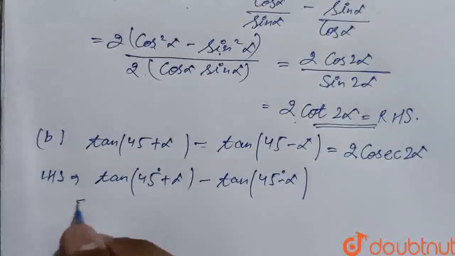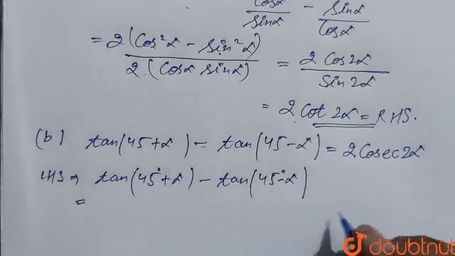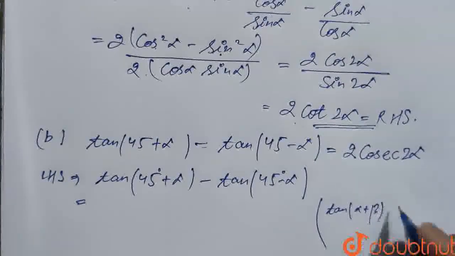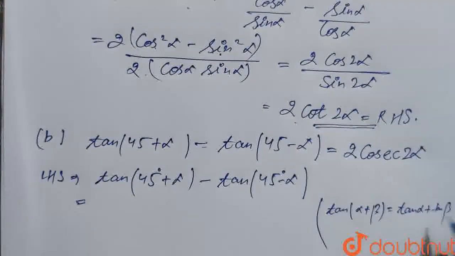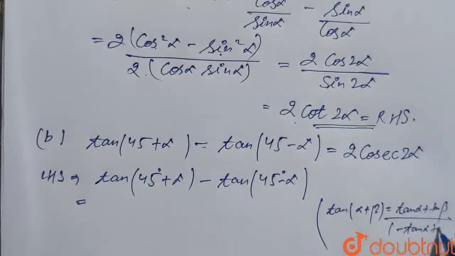Now we know the formula of tan (alpha plus beta). We know that tan (alpha plus beta) equals tan alpha plus tan beta divided by 1 minus tan alpha tan beta.